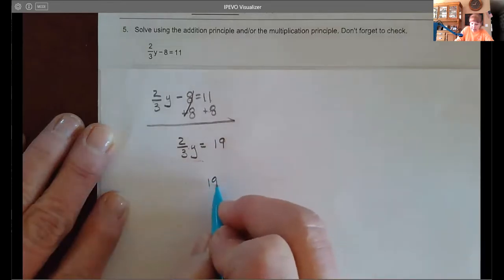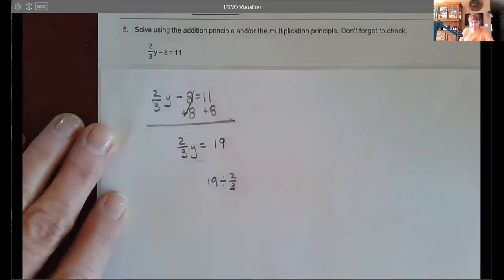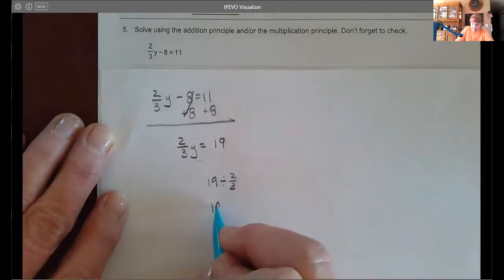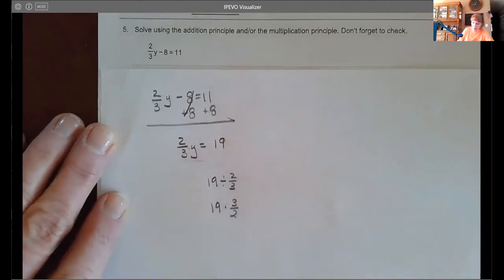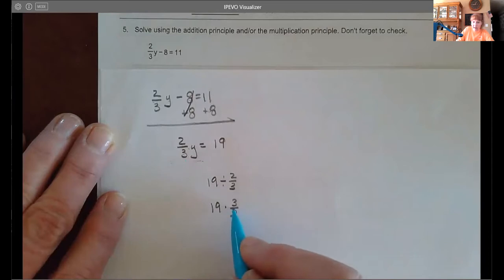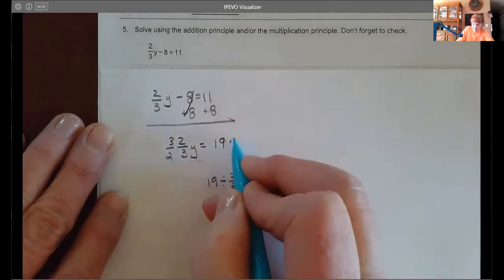So 19 divided by 2/3 is the copy dot flip. You multiply by the reciprocal. So you can skip to this step right away. Multiply by 3/2.